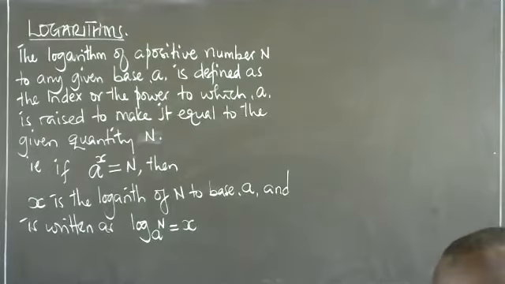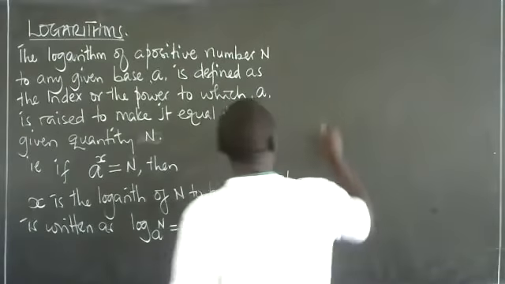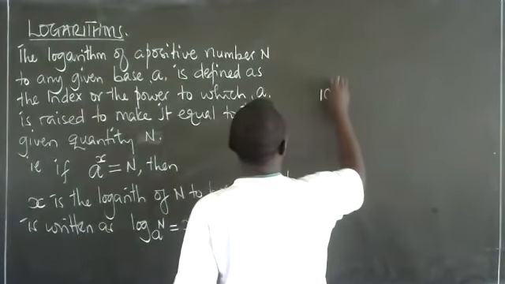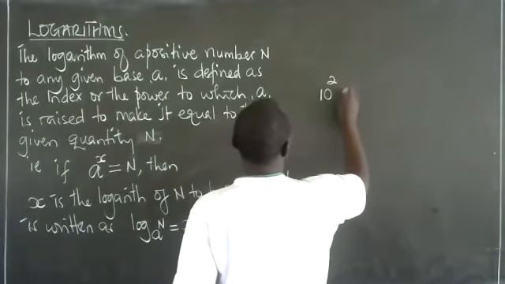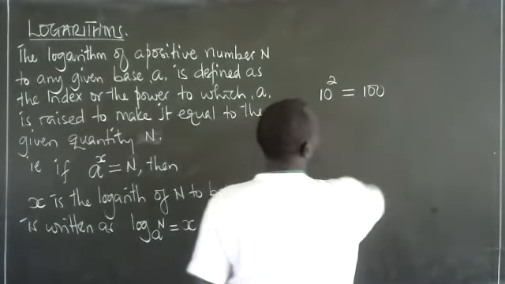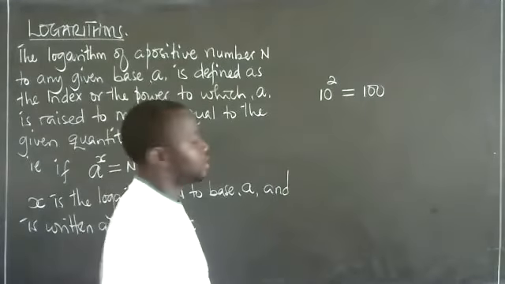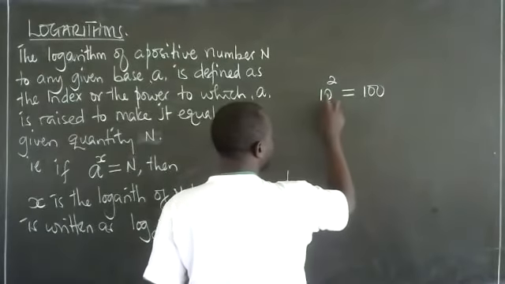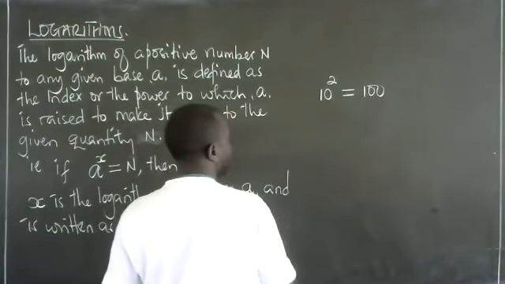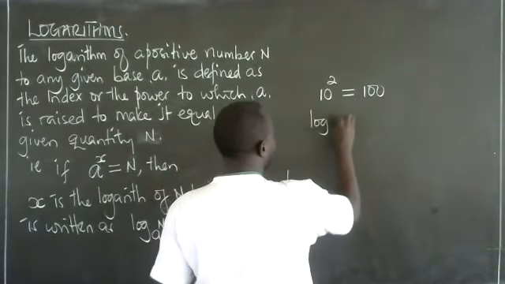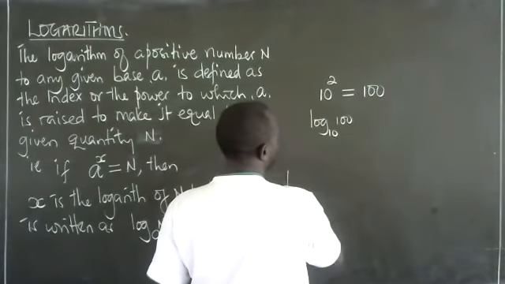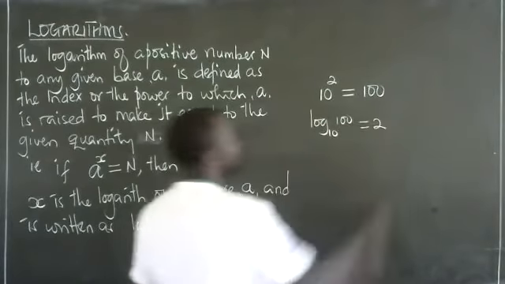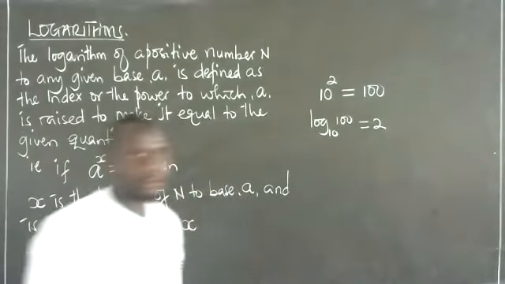Does that statement make meaning? Yes, teacher. That's why we are using the other examples. That 10 must be raised to the power of 2 if it is to be equal to 100. It implies that the logarithm of 100 to the base of 10 is 2. That's what this statement is meaning.